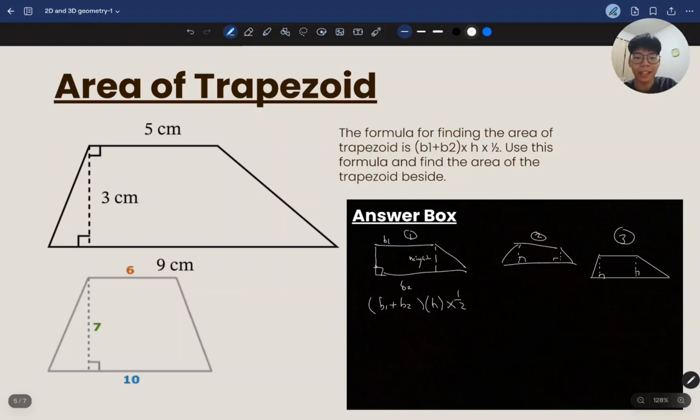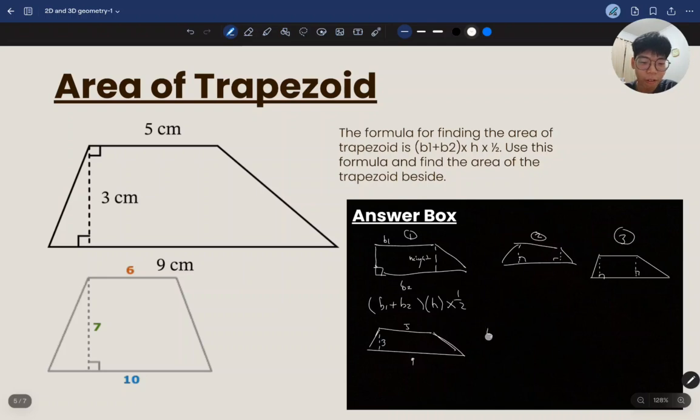Let's try to apply that in our learning. The question next to us shows a trapezoid with 5 on the first, 9 on the second, and 3 on the side.